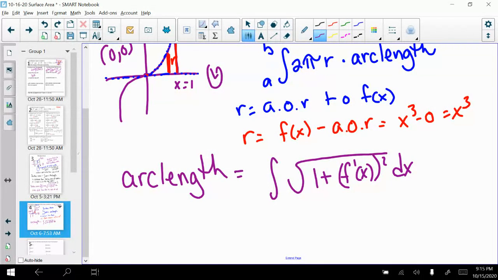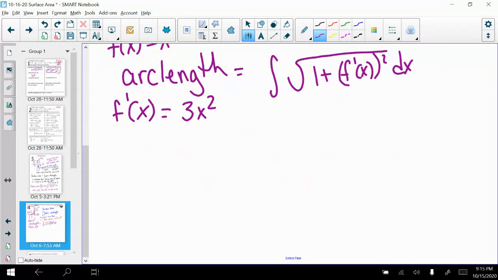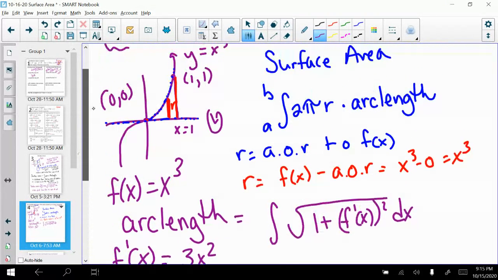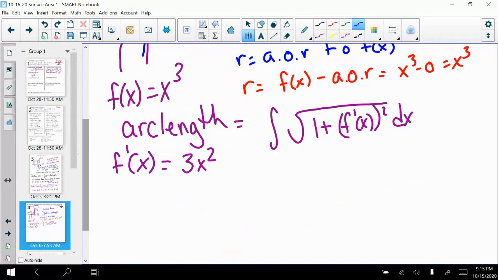Our f of x was x cubed, so our derivative is 3x squared. We need to integrate from x equals 0 to x equals 1. I don't think that's a big difficulty of ours.